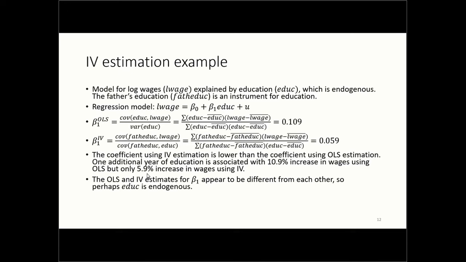So just by the fact that these two coefficients seem to be different from each other, we can conclude that perhaps education is endogenous here, and that's what's leading to the difference in these coefficients. And here we would assume that the OLS coefficient is biased and it's picking up influence from omitted factors that are in the error term, and that's why we have the effect of education on wages being overestimated using OLS here.